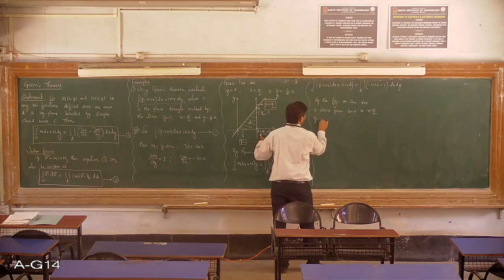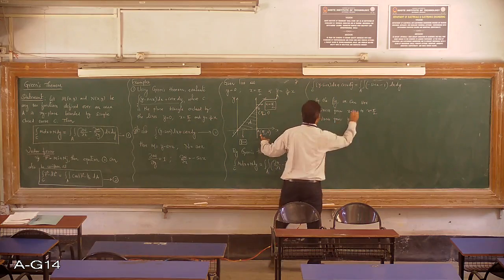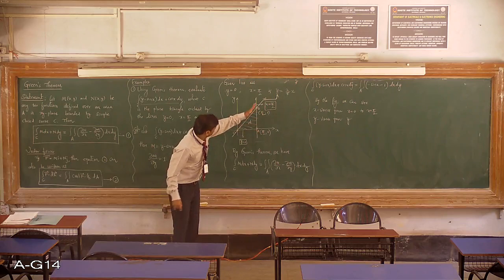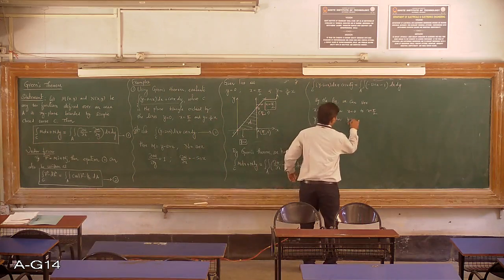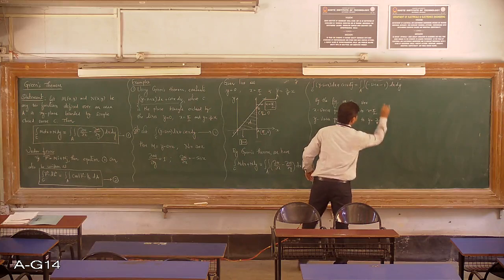And y varies from y equals 0 to y equals 2 by pi into x.